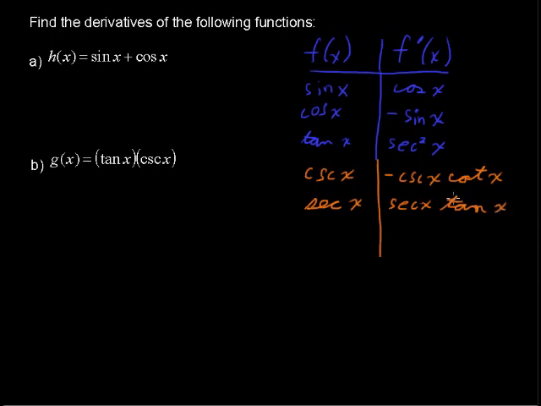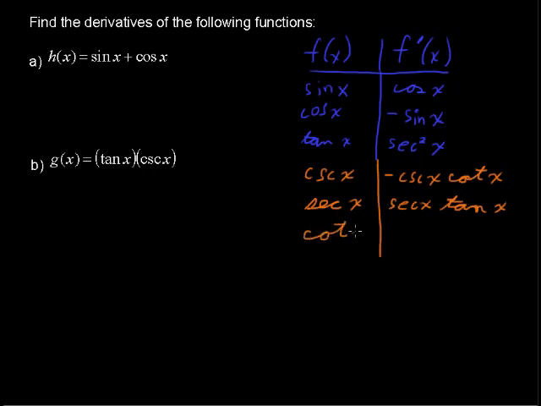So you see a little pattern here, a similarity: with cosecant and secant, you're leading off with the original function. There's a negative in front of the cosecant, and then after that is the co. So with cosecant, you get a cotangent, and with secant, you get just the regular tangent. Just little tips to help you memorize these.